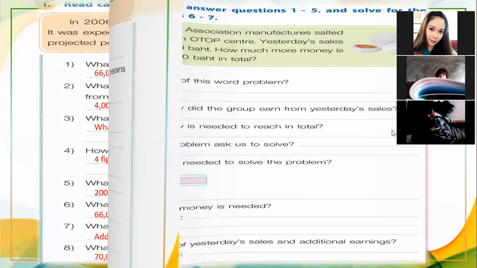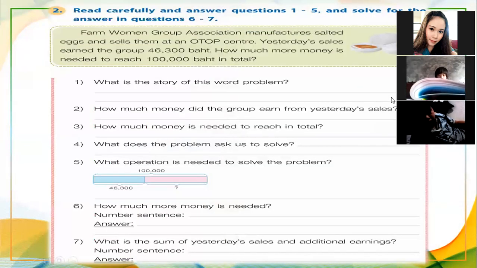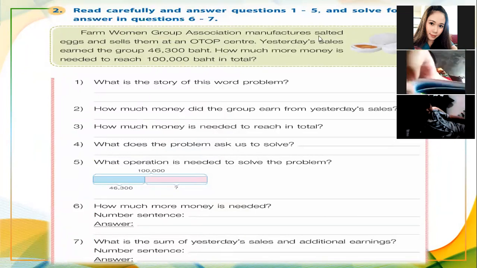Okay, so now here we have another problem. What we have to do is read carefully, okay? Now what are they talking about in the problem?